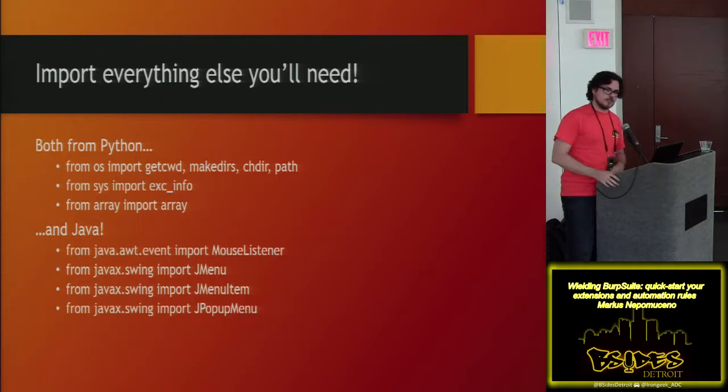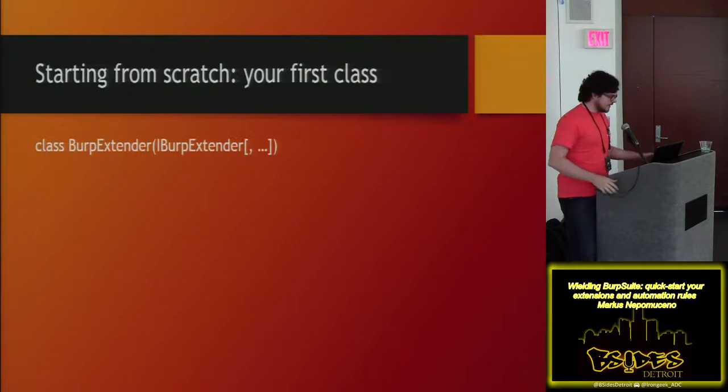Since we're using Python, you can also import things from Java directly. So you can go from javax.swing import JMenu. Now you can make a custom right-click menu in your extension, and so forth. Any questions? All right.